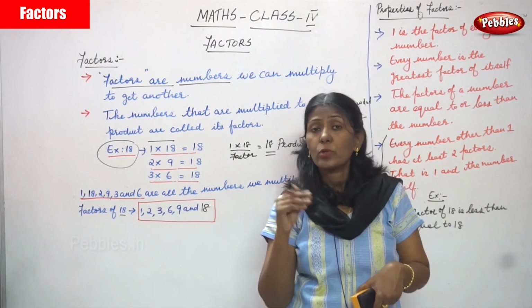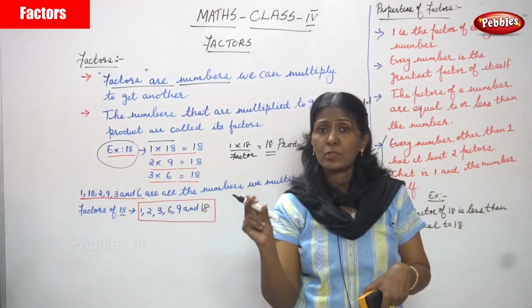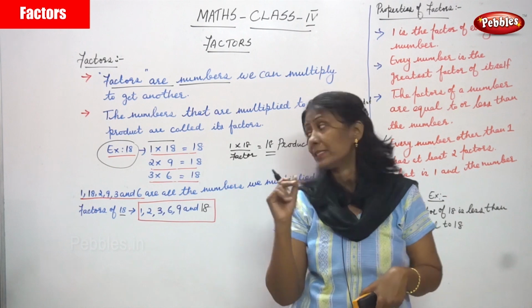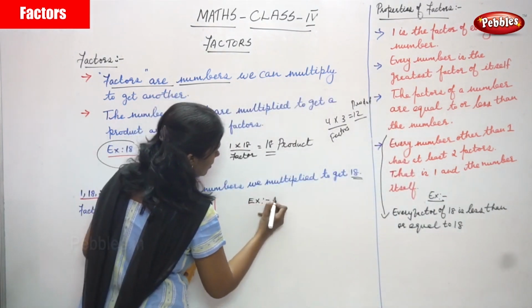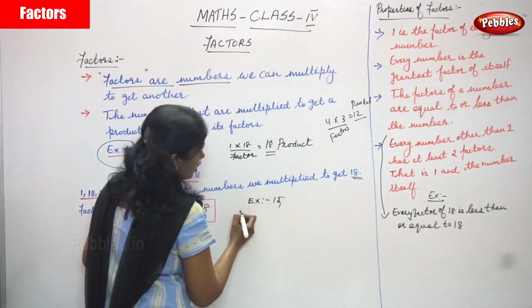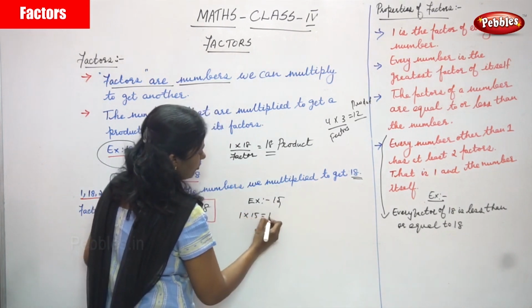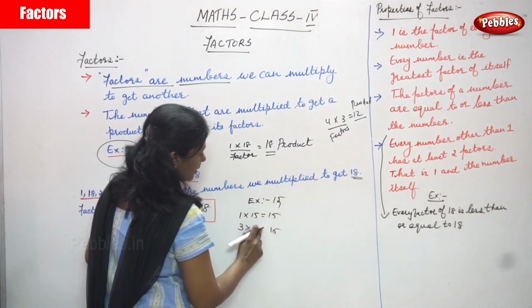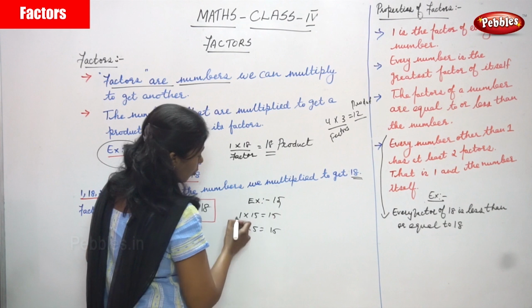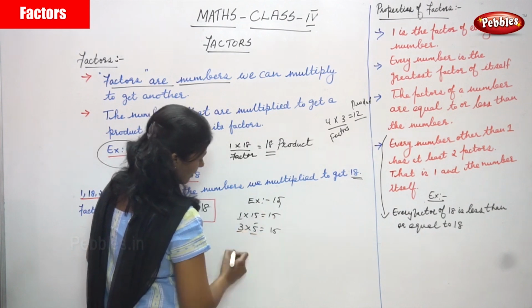For example 15: 1 into 15 you can get 15, and 3 into 5 is equal to 15. So 1, 3, 5 and 15 are the factors.